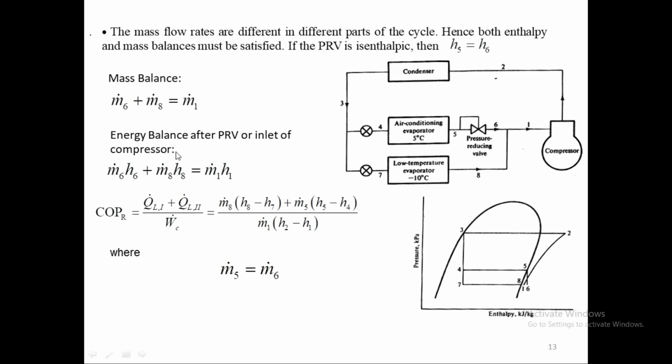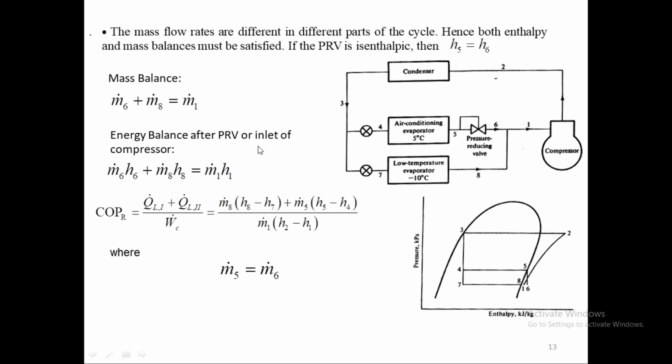Sorry, 6 and 8 are here and 1 is there. So we are doing the energy balance at this point. M dot 6 H6 plus M dot 8 H8 is what is coming in at this point, and it should be equal to what is leaving from here, which is M dot 1 H1.